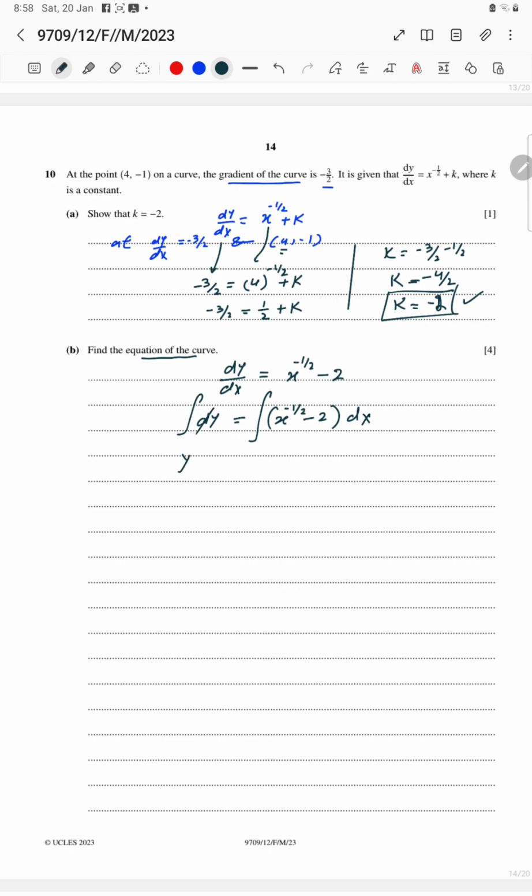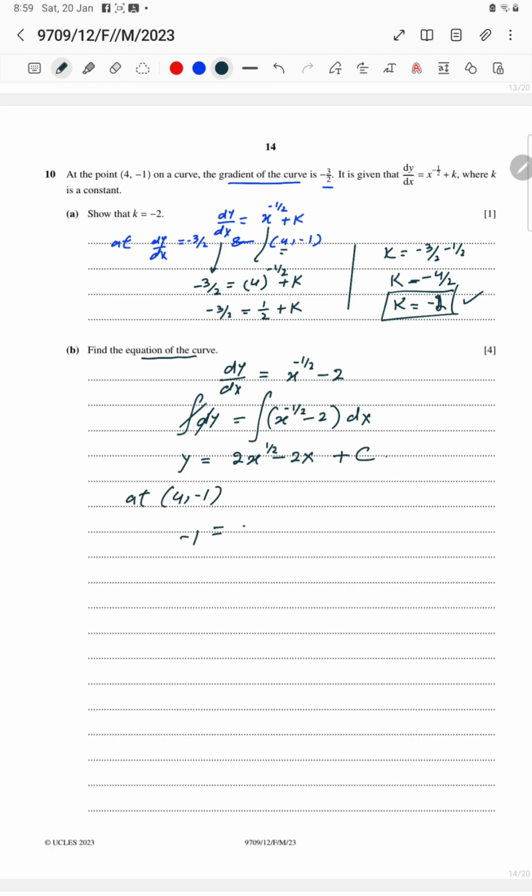The derivative and antiderivative cancel. We have y equal to, apply the integral power rule. Once you add 1 to the power, it becomes 1/2, so y = 2x^(1/2) - 2x + c. For the value of c, you are given the point (4, -1).